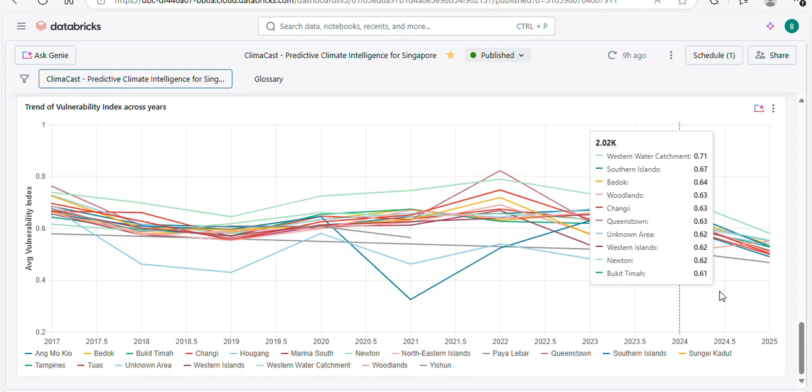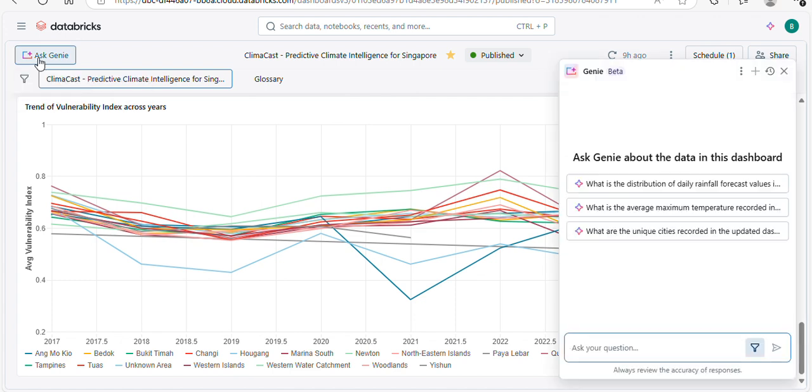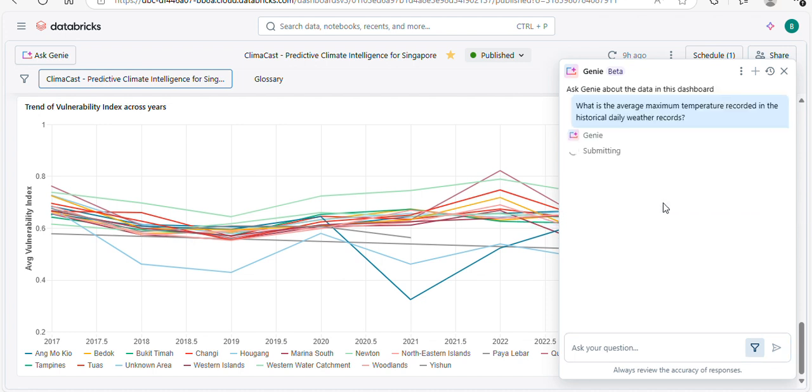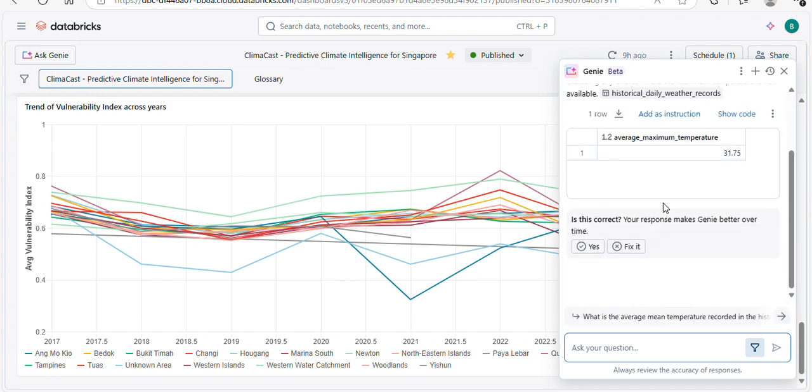The users can interact with the dashboard or also ask Genie, where is the rain likely in the next 3 days, or what are the unique cities, anything. The Genie workspace integrates seamlessly and it answers complex queries like these, and it also directly shows the relevant visuals if required.